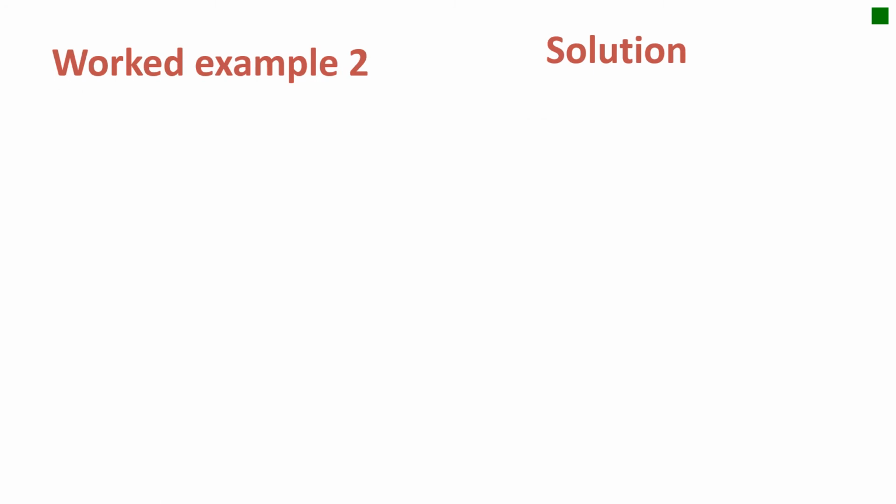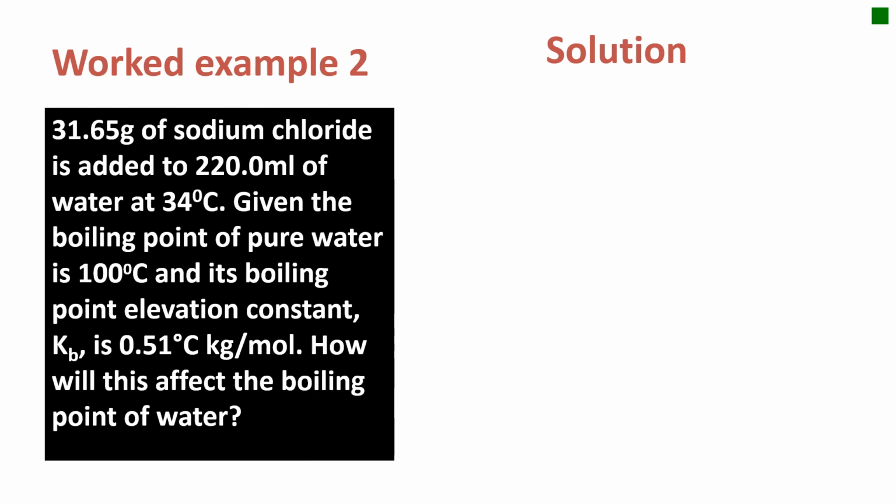Worked example number 2. We are given 31.65 grams of sodium chloride, which is added to 220 milliliters of water at 34 degrees Celsius.